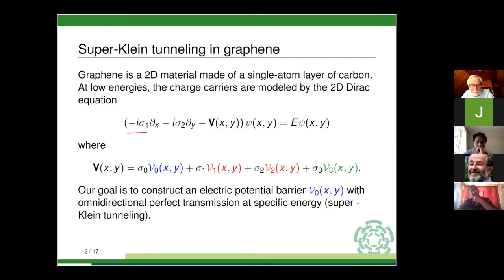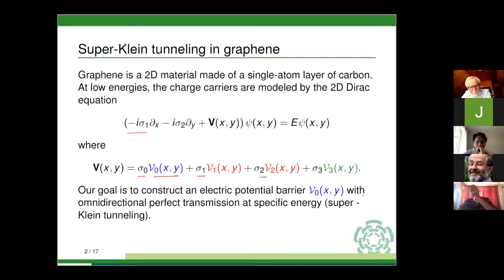In general, the potential term could be decomposed in these four terms. The first term, proportional to sigma 0, is an electric potential. The term proportional to sigma 1 and sigma 2 is related to a magnetic field perpendicular to the sheet of graphene.